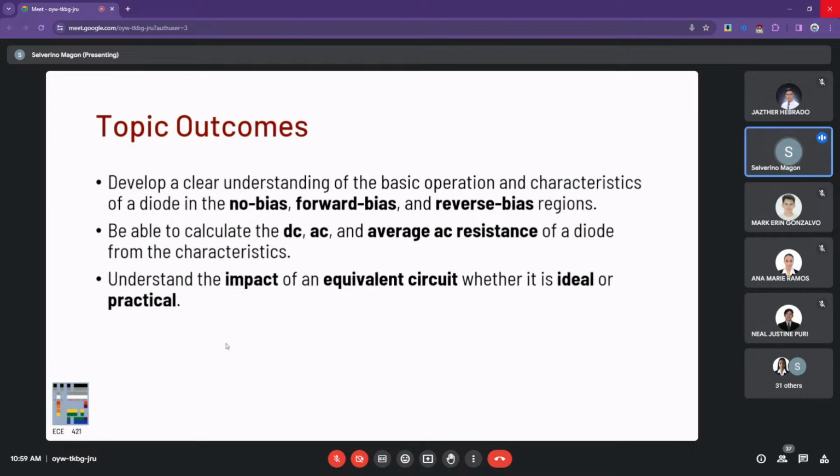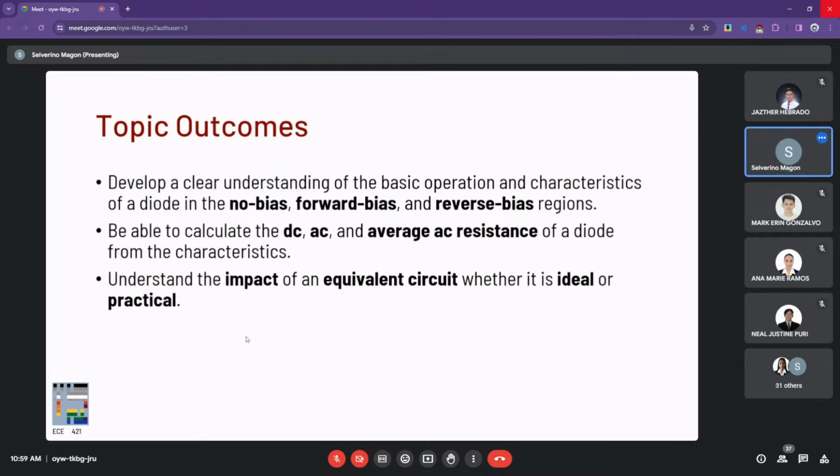All right, so here we will learn in the context of electronics the proper biasing in semiconductor diodes. We have the forward bias and the reverse bias regions.